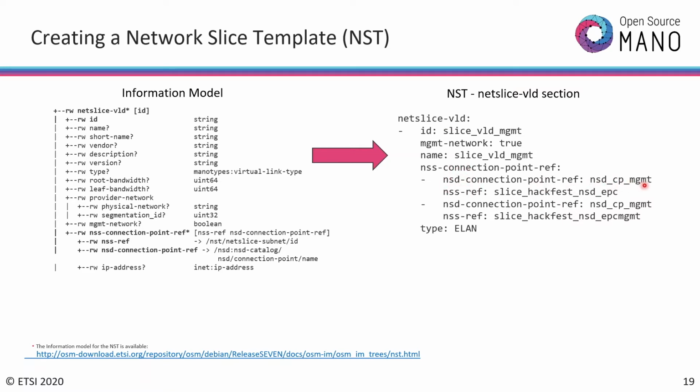the NSD connection point management with the network slice subnet reference that we have here. This network service descriptor connection point reference belongs to the network service descriptor. We can find in the network service descriptor what is the name of the connection point there, and we do the same for the other network service descriptor, which is for the orchestrator, and then we make the link here.